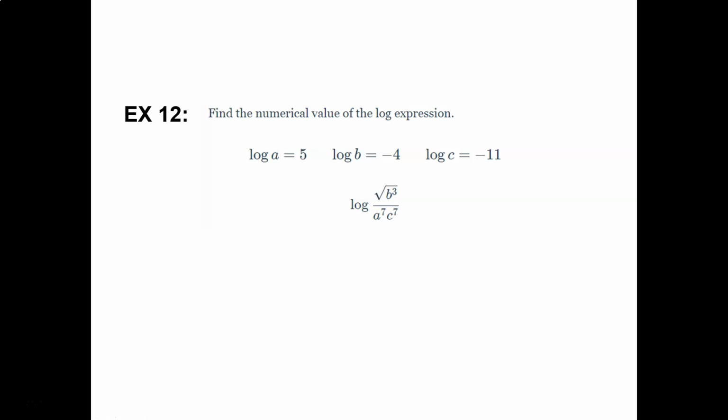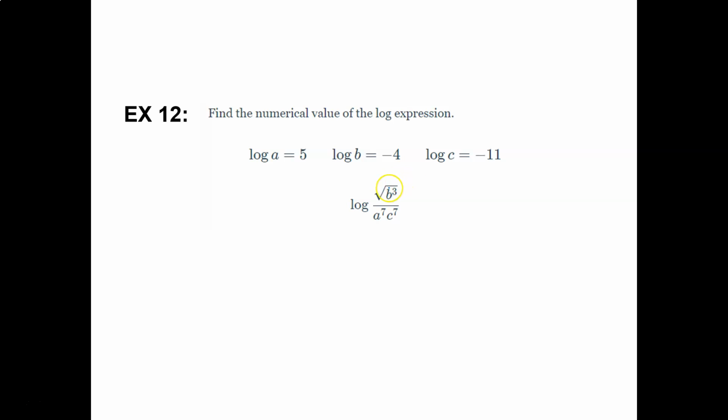So we can't just plug those numbers in to what we've got here and then type it in the calculator. What we're going to have to do is break this all apart. And once we break it all apart, then we can replace log A with 5, replace log B with -4, and replace log C with -11. So these are going to require you to expand first.